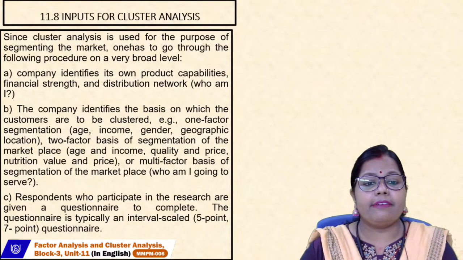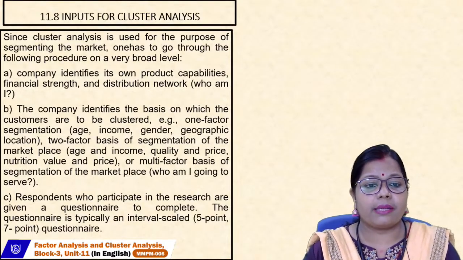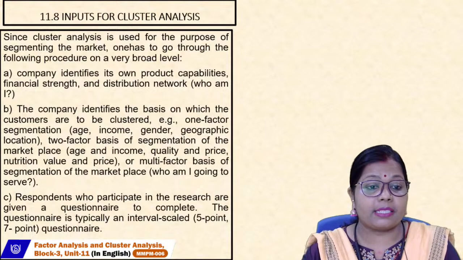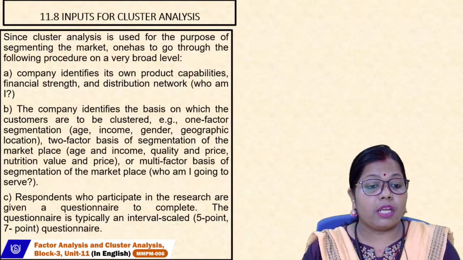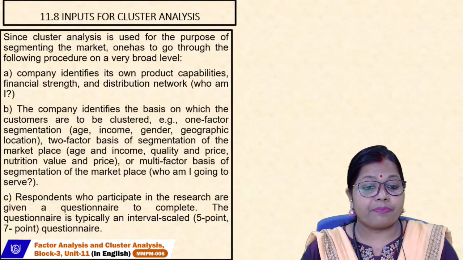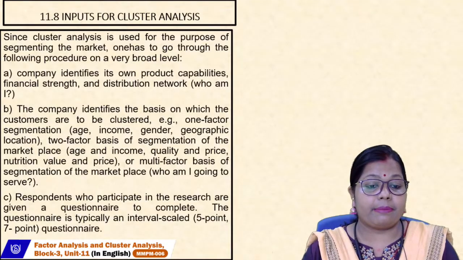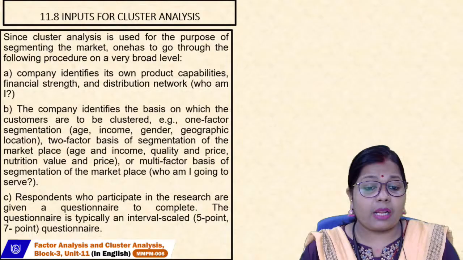Then the company identifies the basis on which the customers can be clustered. One single-factor basis for segmenting may be age, income, gender, or geographic location. A second basis is multi-factor segmentation of the marketplace: who am I and whom am I going to serve.